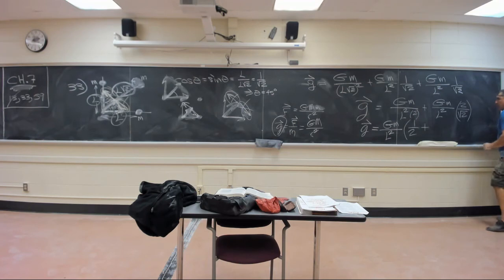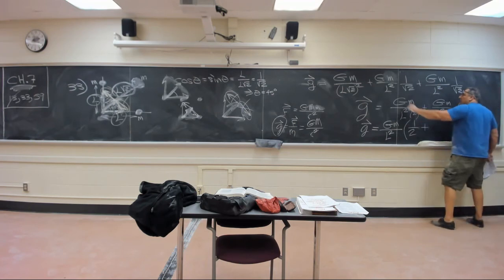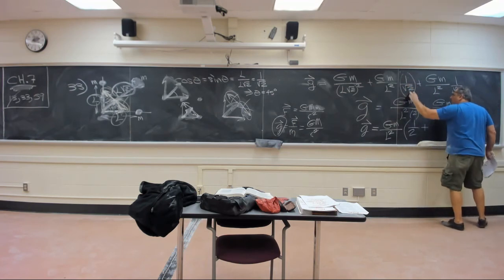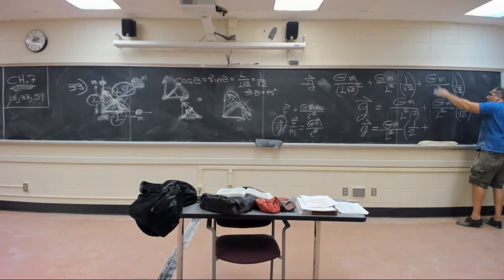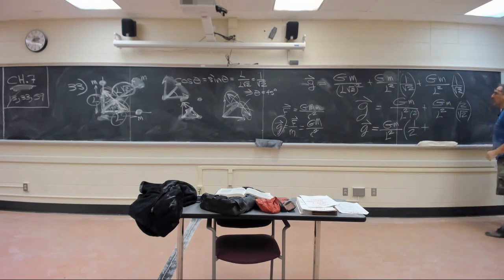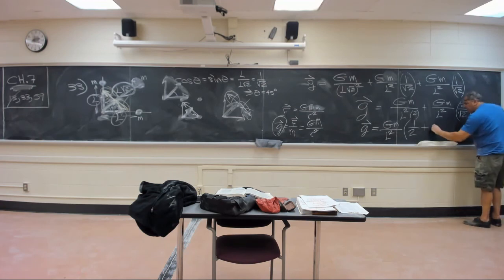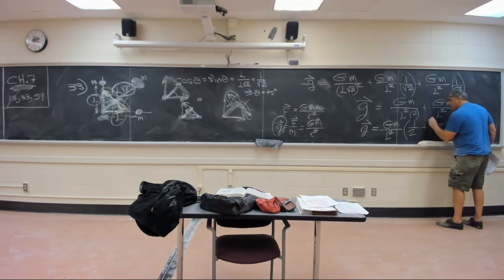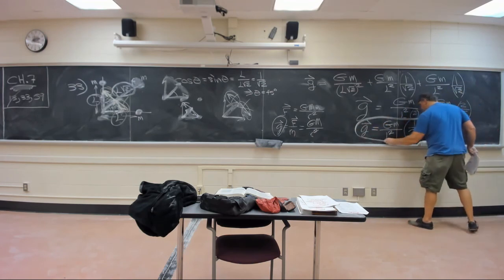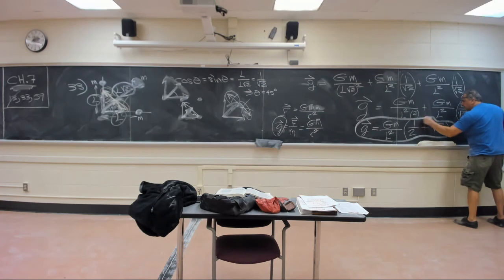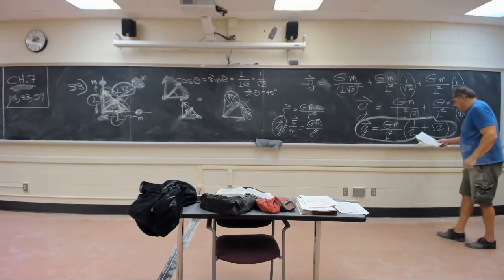Yeah, that's true. 1 over the square root of 2 plus 1 over the square root of 2 is 2 over the square root of 2. Square root of 2 goes into 2, square root of 2 times. Bam. That's the big one. That's the move to make. Fully diagonal.